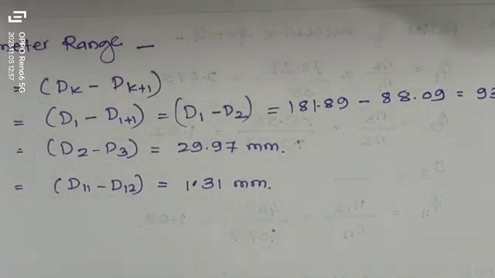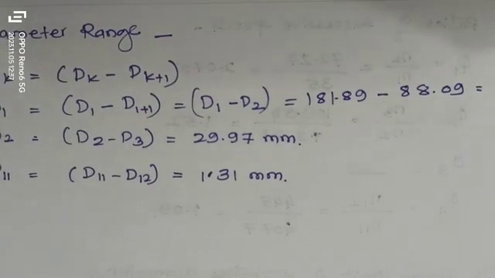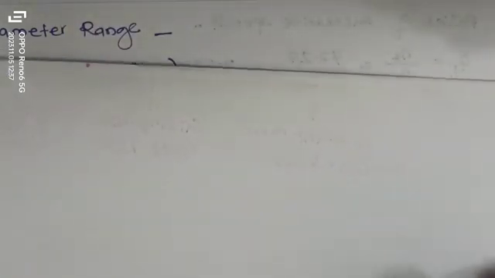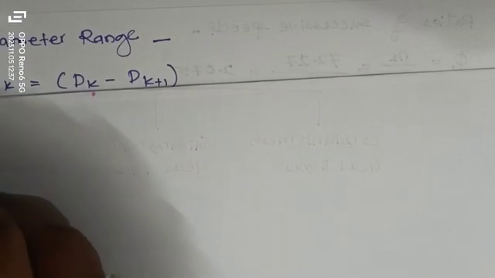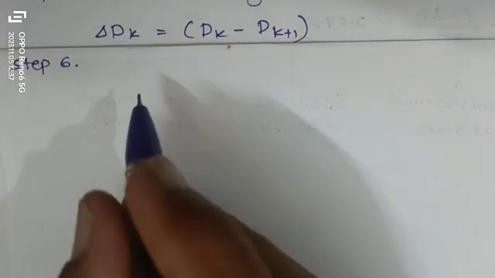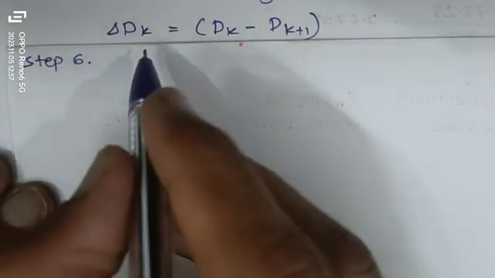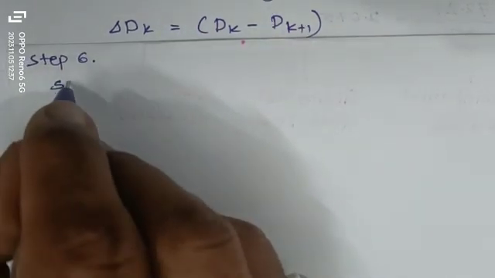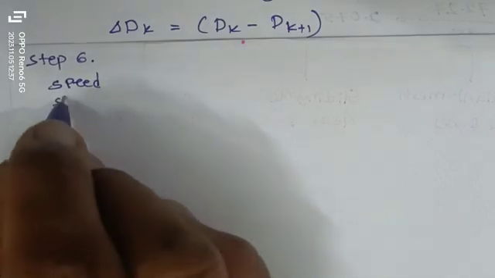So now we'll see the diameter range of different spindle speeds in arithmetic progression. We'll make one table and we'll see what conditions we had gone through and what outputs we have got. So now we'll make a table, or you can say step 6, where diameter range for different spindle speeds in arithmetic progression. First point is speed steps.